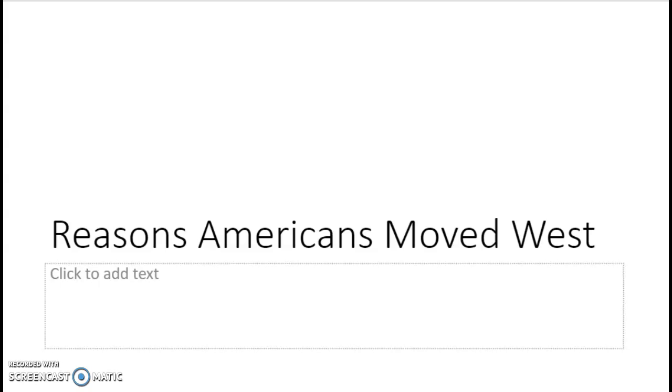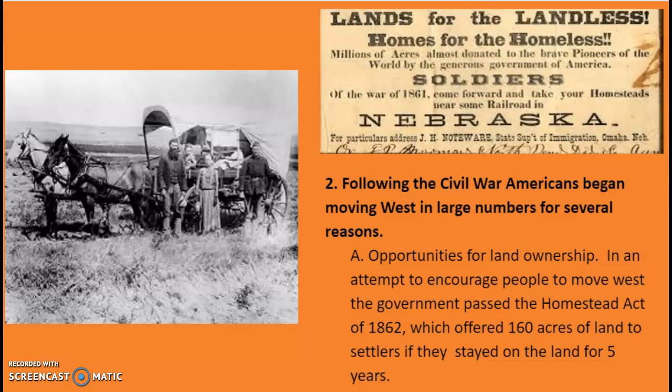Why did Americans move west? And there are multiple reasons that they did so. The first reason is there were opportunities for land ownership. To try and encourage people to move west, the government passed something called the Homestead Act of 1862.